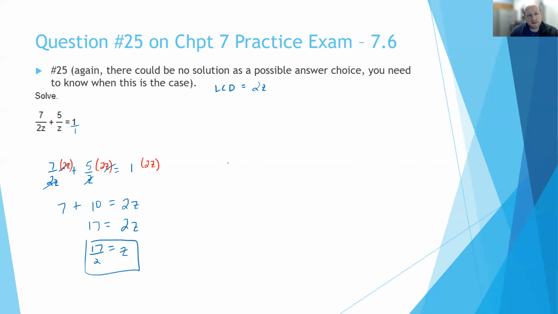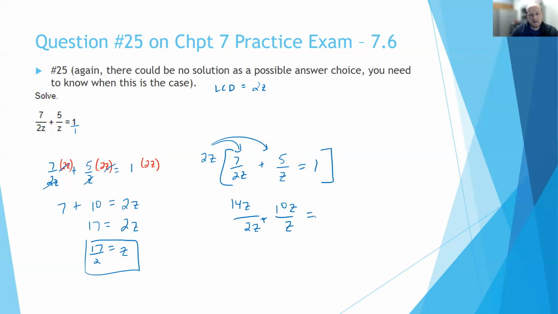Okay. Another thing people like to do with this, you might do something like this. You might take this and multiply the whole thing by 2z, kind of like we did, and then distribute on the top, keep your denominators, and then cancel later. So I could distribute the 2z into 7, that gives me 14z. 2z into the 5 gives me a 10z.